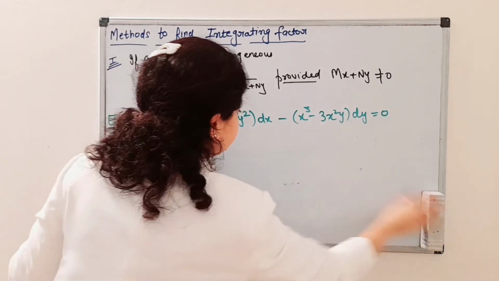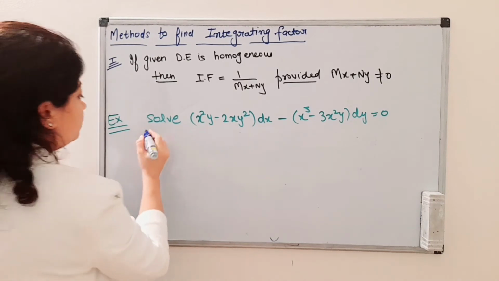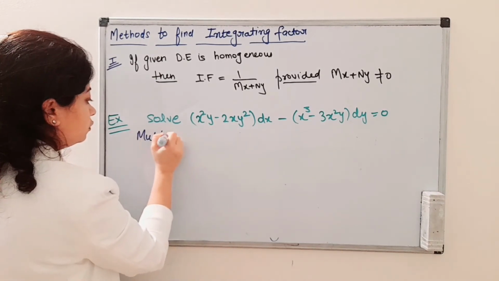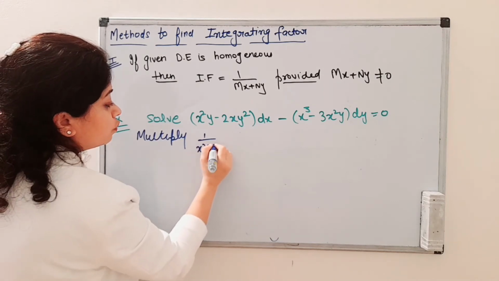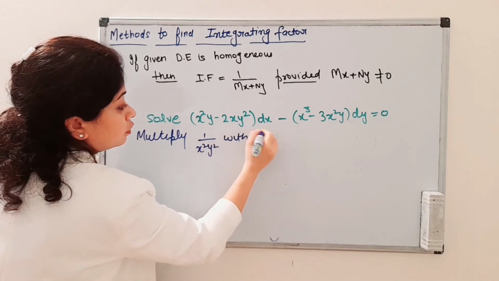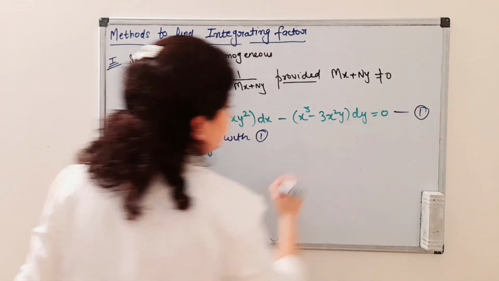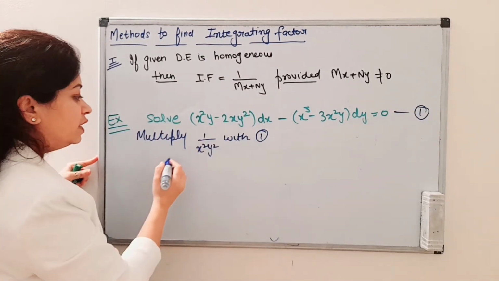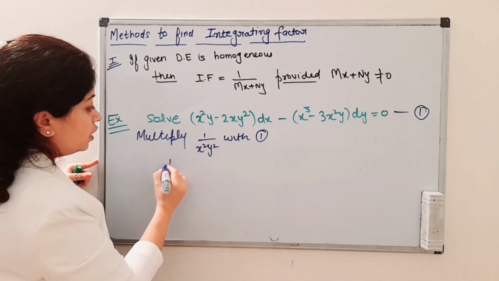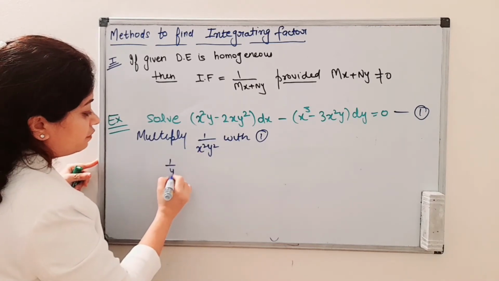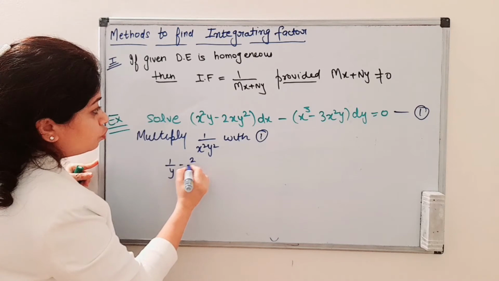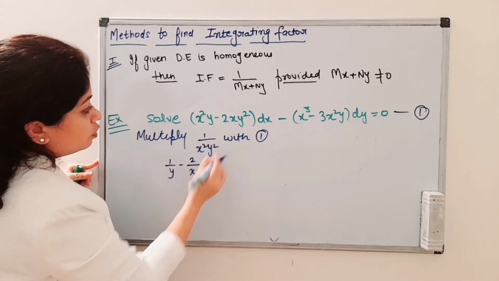Okay, so multiply 1 upon x square y square with 1, we can say it 1. Now multiply it, we will get 1 upon x square y, this is cancel out, we will get only y, minus 2 upon, we will get only x.